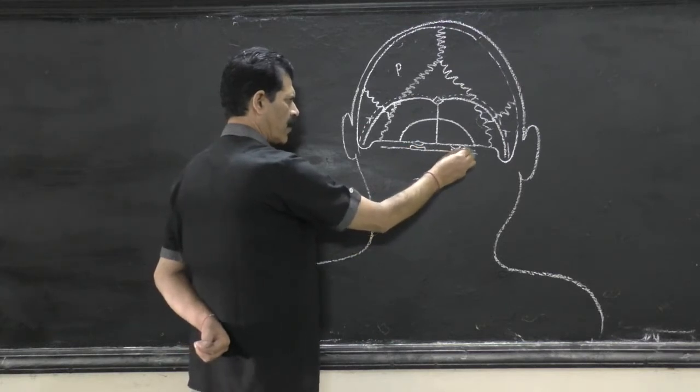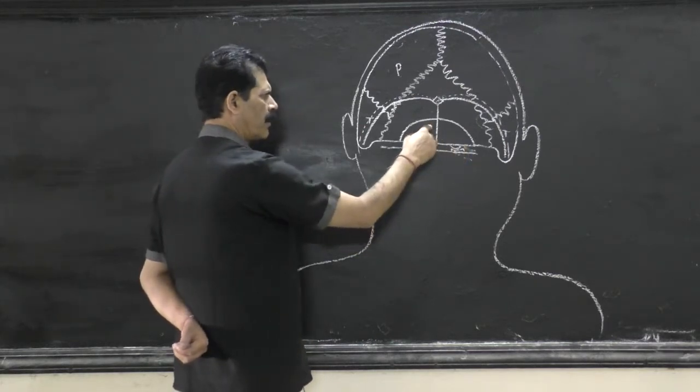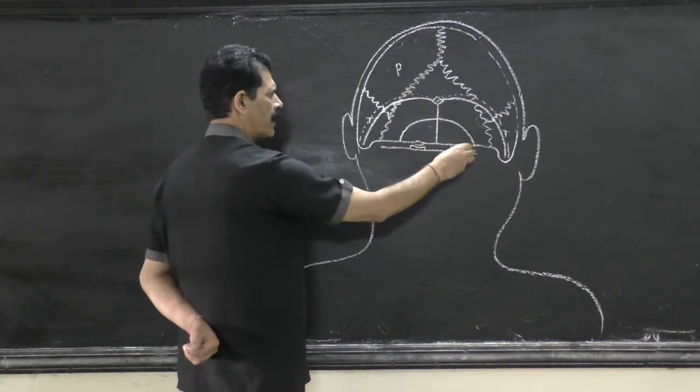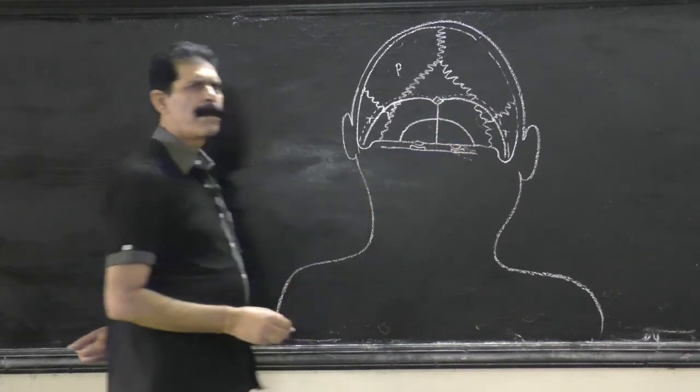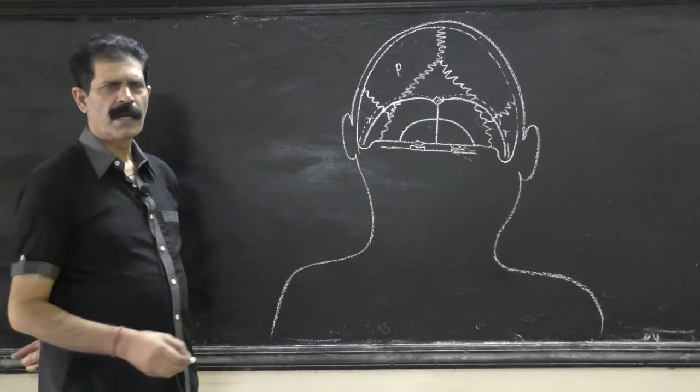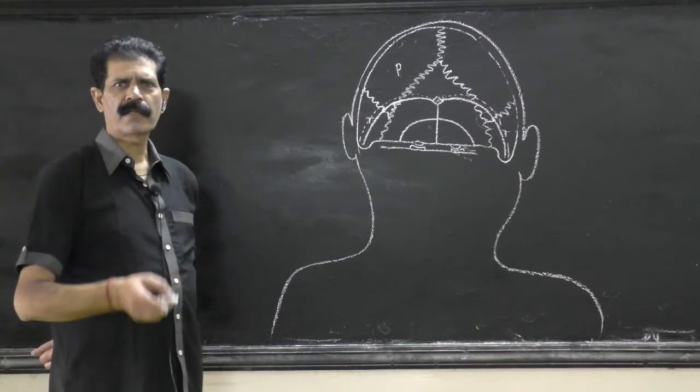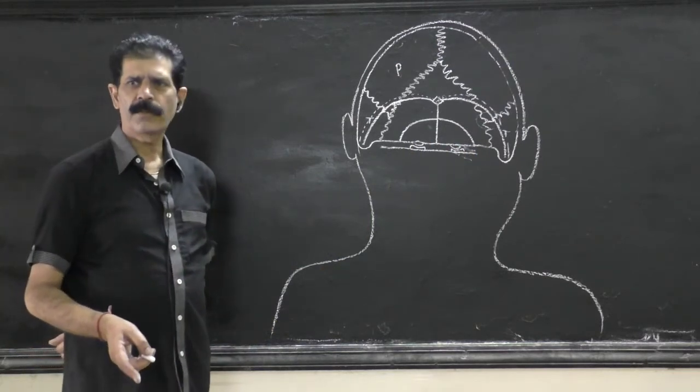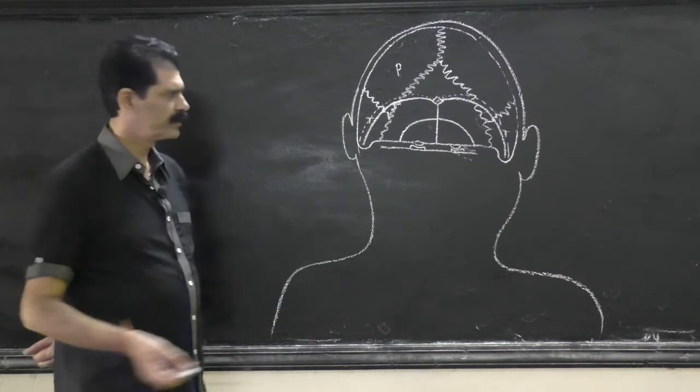So this forms the joint between the skull, the occipital bone, and the atlas. This is called the Atlanto-occipital joint. And because of the concavity and convexity, anterior-posterior movement is possible.